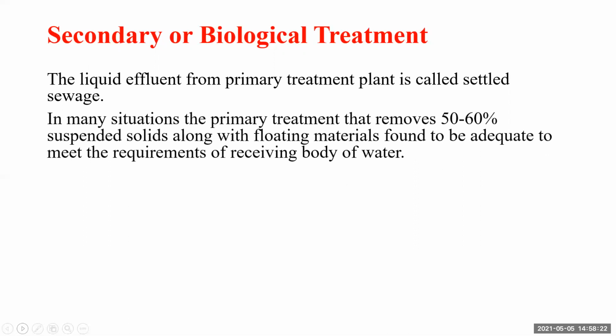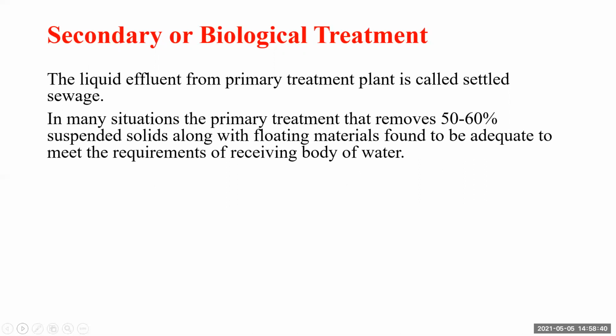Now, in many situations, primary treatment that removes 50 to 60% of the suspended solids and the floating material from the sewage is found to be adequate to meet the requirements of the receiving water body.